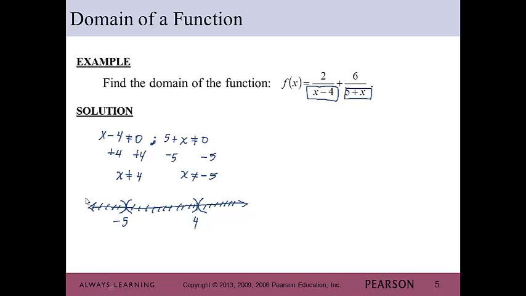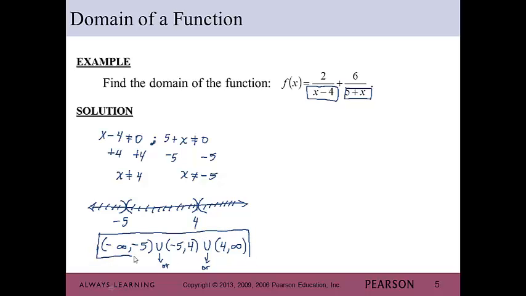Starting from the left, we have parentheses, negative infinity, comma, we run into negative 5, close your parentheses, and then union, this means or, and then parentheses, negative 5, run into 4, close parentheses, again union, or, parentheses, 4 to infinity. So this interval represents your domain. It's basically saying x can be any value except for -5 and 4.